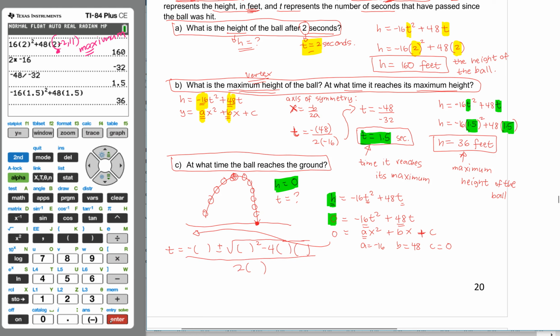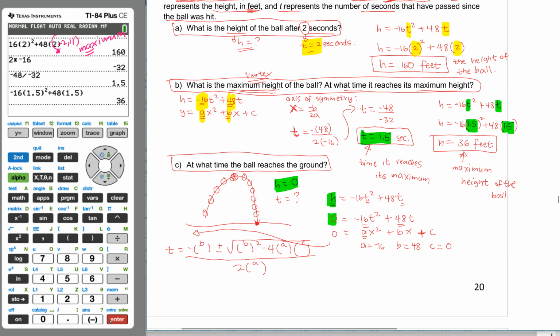This is your b, this is your a, and this is your c. Again, you don't have to worry about this, since the quadratic formula is provided in the Regents exam.